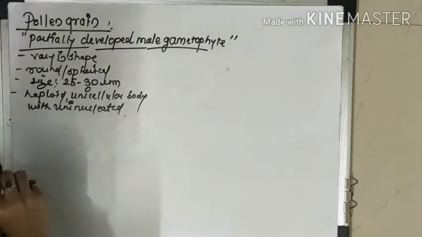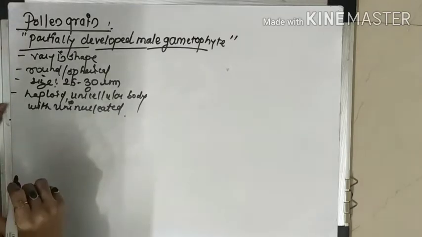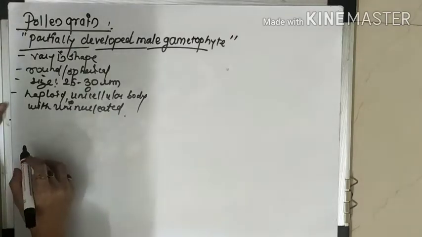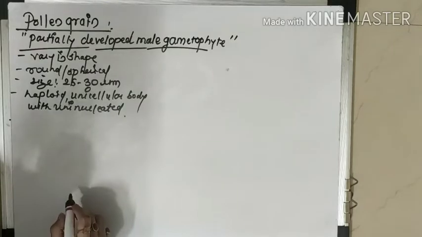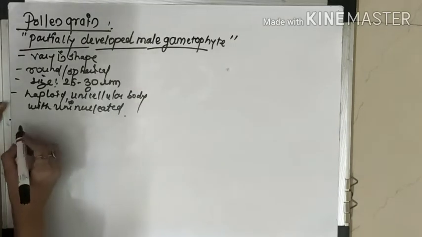This pollen grain has two walls. We already studied the structure, but again I will draw the structure here.